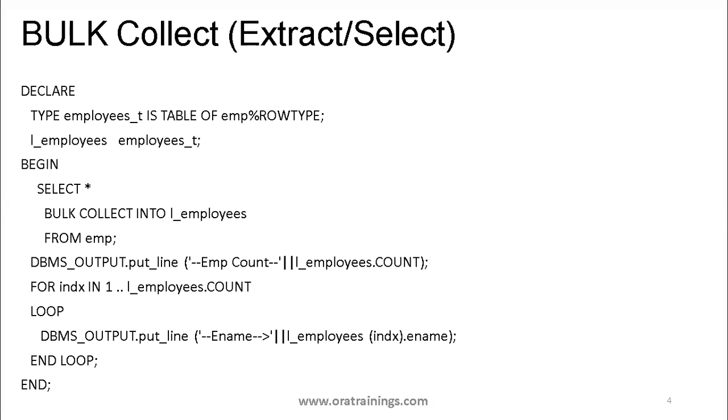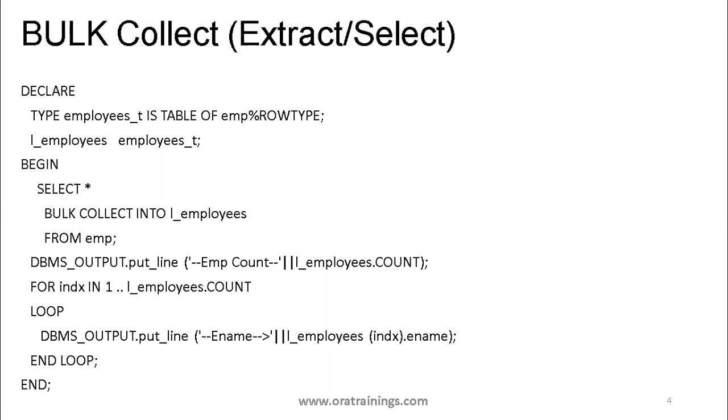How do we extract data using the bulk collect concept? We know that to extract data from the database, it is always using a cursor. It can be an implicit cursor or explicit cursor. Let us say your cursor is giving around 10,000 records and you want to read the data, print it, or copy it to an array. How do you do it? As of now, our concentration is only to extract the data, not to copy to some other array or another table.